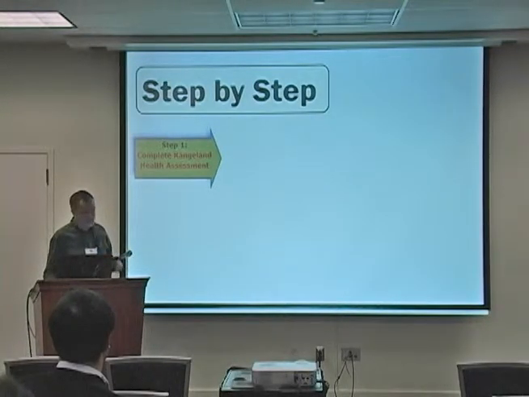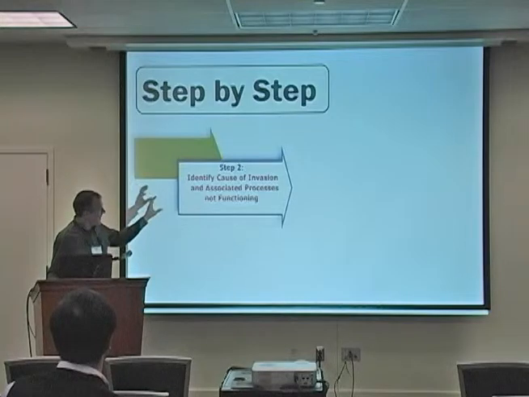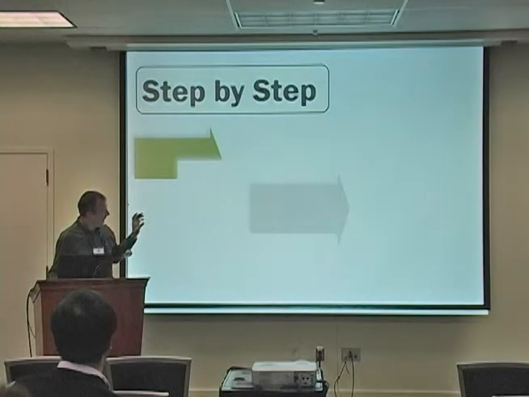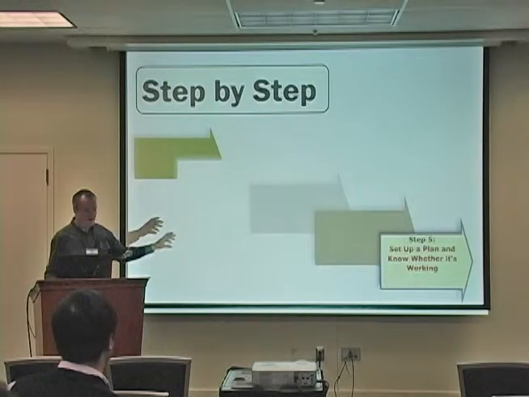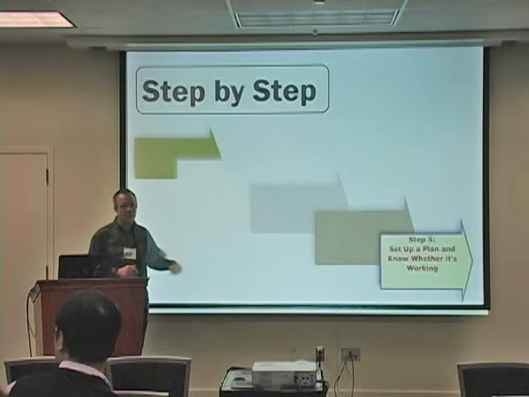I'm going to go into these in more detail, but what we basically do is we go through this series of steps, and you only have to deal with one thing at a time, which conceptually makes it much easier. And basically at the end, put together a plan and assessment strategy so that you can see if your plan is working.